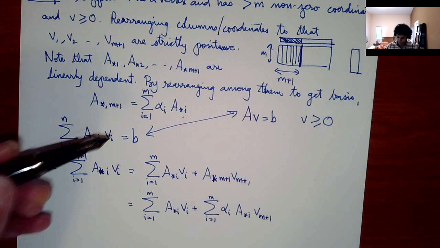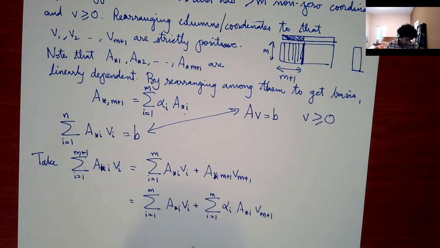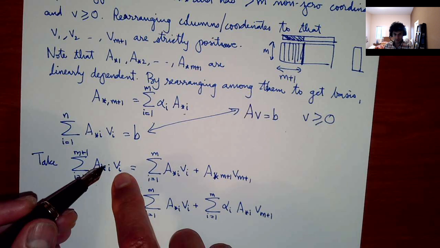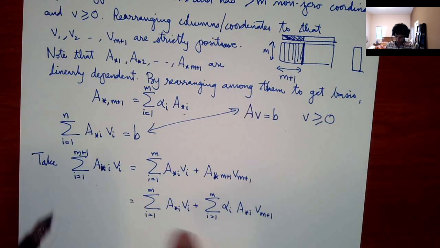Sorry, so let me explain. What I'm going to do is perturb Vi in such a way that this sum is not going to change.